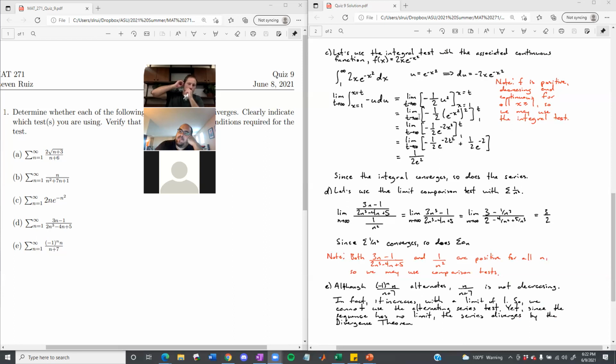We'll go over it tonight, but the ratio test doesn't actually get you a good conclusion for this. I'll go into some more detail why that wouldn't help you. But the integral test is, I think, the more direct way to get here. If you just integrate this continuous function, you'll get a number, 1/2e squared. So that means your series converges.